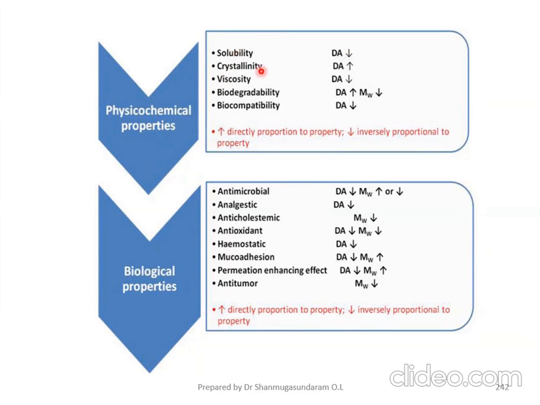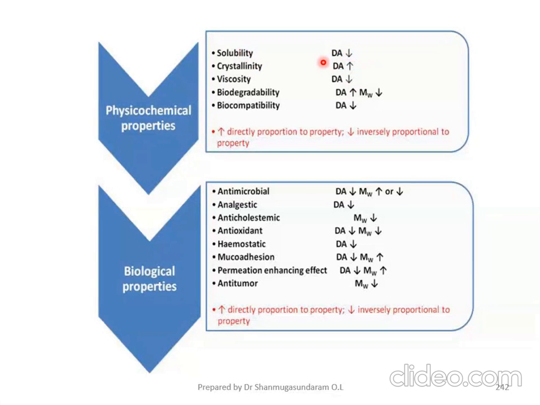If you take the crystallinity, the degree of deacetylation increases, your crystallization also increases, because it is directly proportional. Wherever I am showing the upward arrow, it is directly related to the property. But here the degree of deacetylation decreases, your solubility increases.